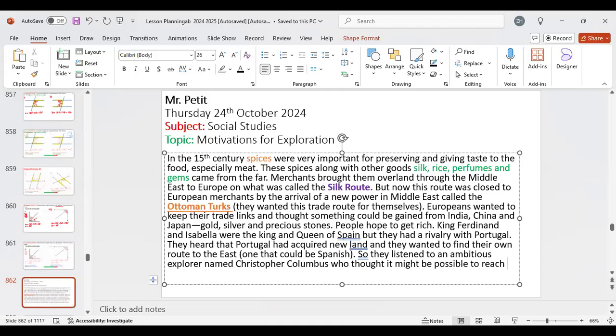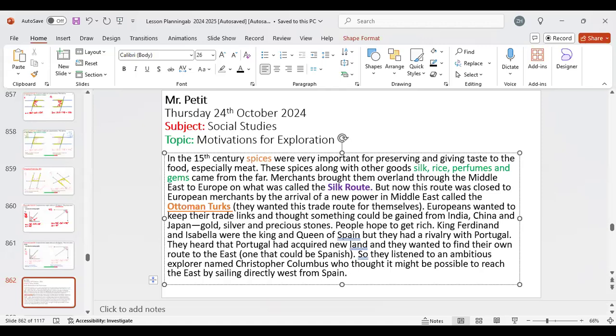But unfortunately, they didn't make it to the East. Christopher Columbus, who thought it might be possible to reach the East by sailing west, let's say, directly west from Spain, but he later found out that he was not right.